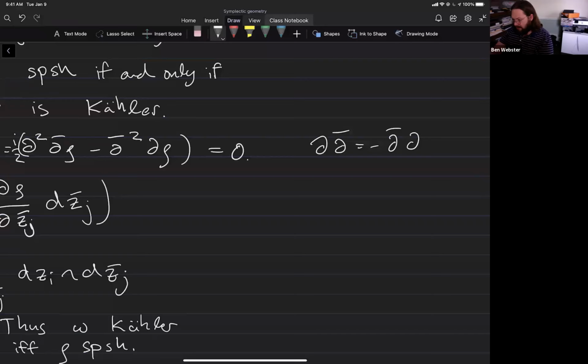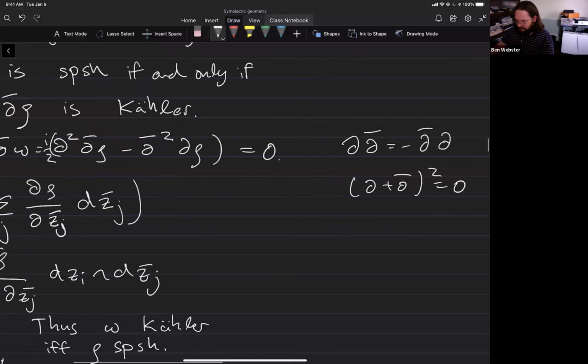This was a consequence of the fact that del plus del bar squared equals 0, which is one of the conditions equivalent to being a complex manifold.